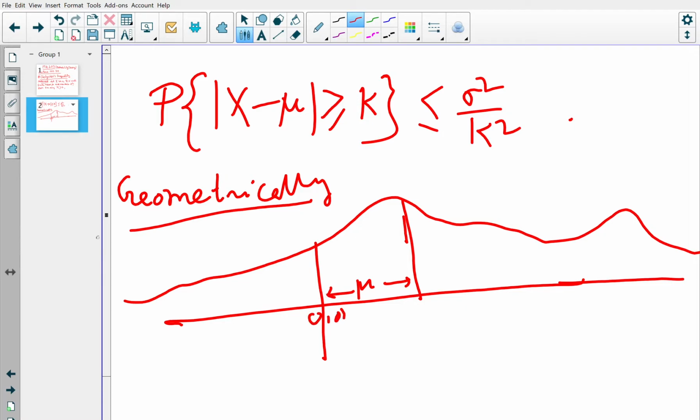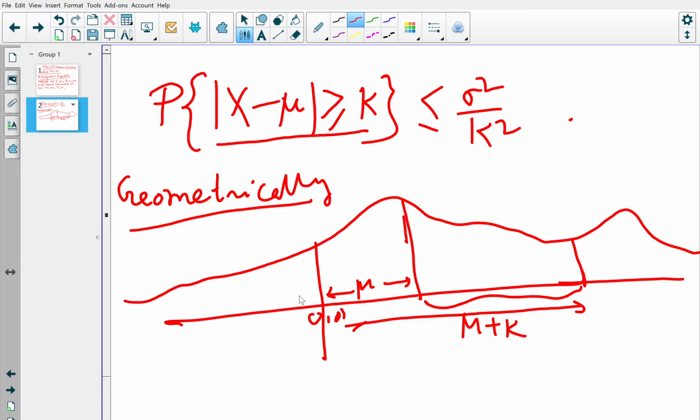So this is the mean, and this quantity mod of x minus mu greater than k means a region. Suppose this is mu plus k, and this is mu minus k.